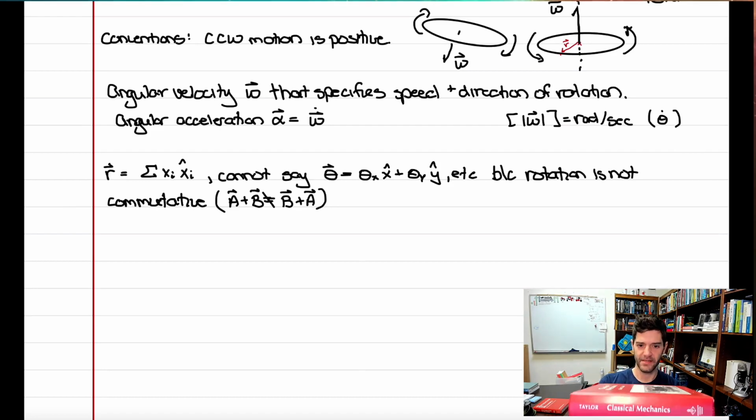So if I have the book that initially is like this, and I rotate it 90 degrees in this direction, that starts here. You're looking at the spine. It goes this way. I've rotated about this axis, the z-axis.